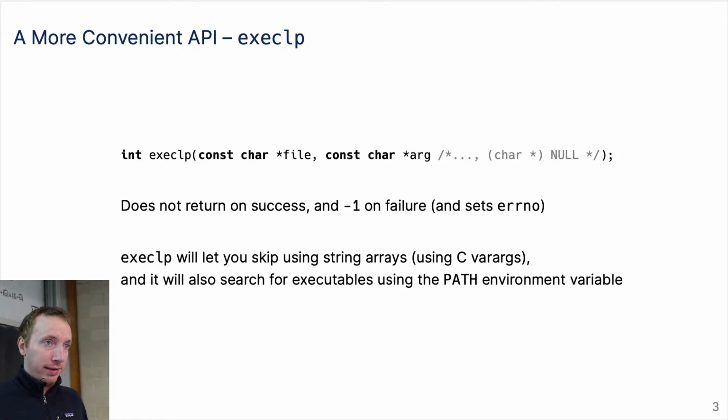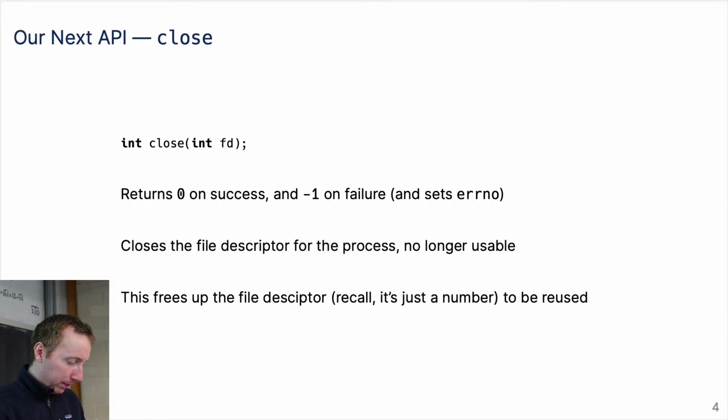So this is the exact same as execve. It does not return on success, and it will return -1 on failure and set errno. So it skips having you use arrays, and it also searches for the executable using your PATH environment variable, so you don't have to specify the whole path to some executable starting at root.